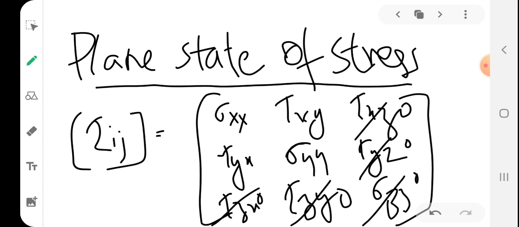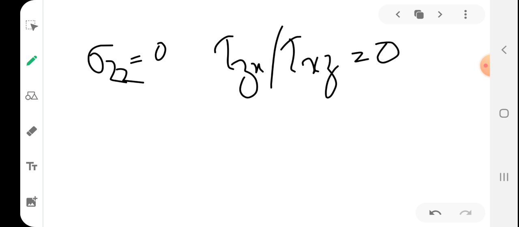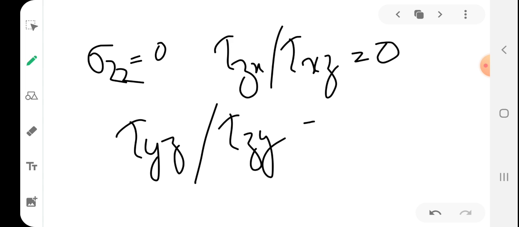So whenever sigma zz equals 0, tau xz and tau zx, both are the same, right? Both values are 0. Similarly, tau yz or tau zy equal to 0. Such a state of stress is called plane state of stress.